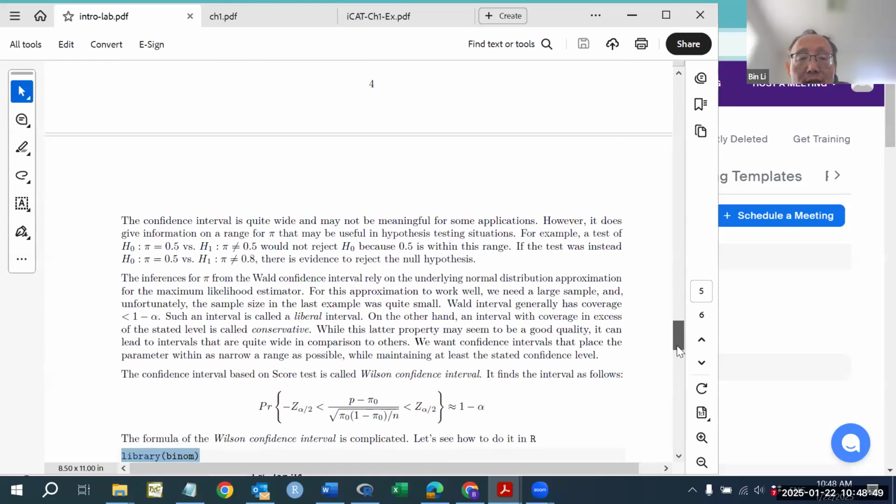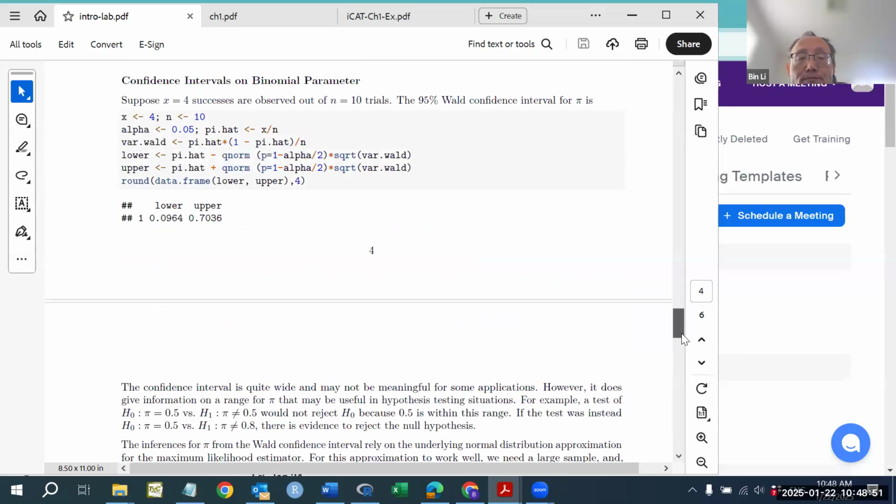You can check that. In the handouts, I give you some examples, like here X is 4, N is 10. That means we have 10 trials. Alpha is 0.05, and we want to construct the 95% confidence interval based on the Wald test.